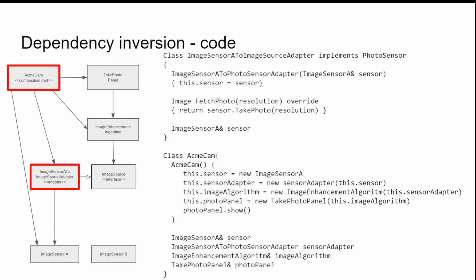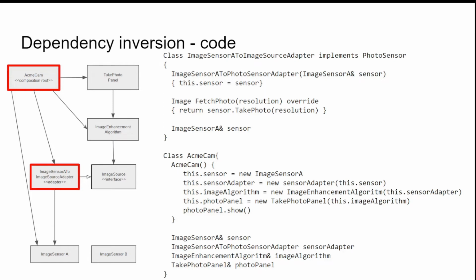So it means that the image enhancement algorithm expresses its needs, its requirements, in the form of an interface. But because this requirement is not directly fulfilled, because the image sensor A offers something different, we need something that is bridging over the gap between the requirement of this interface and what this concrete type offers. And that's why we have this adapter.